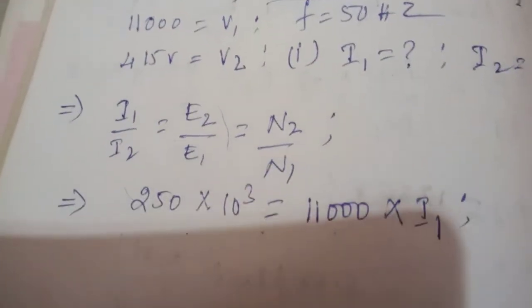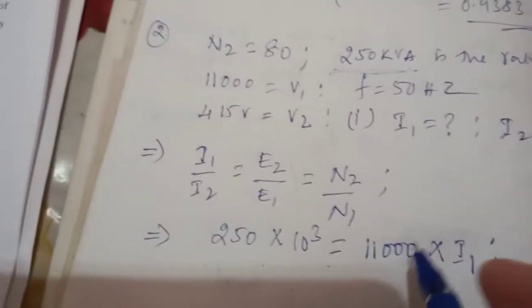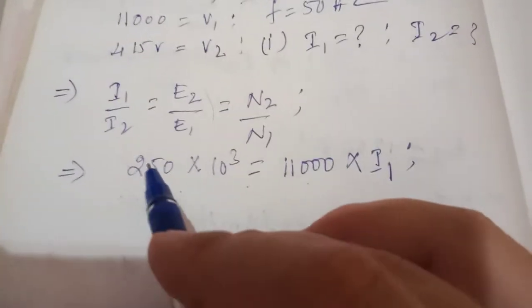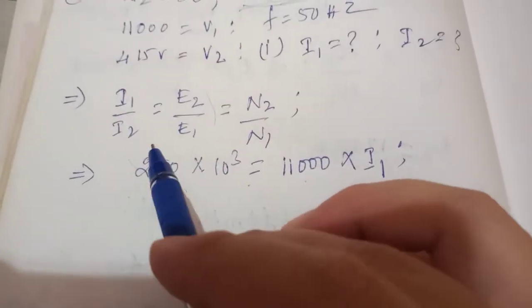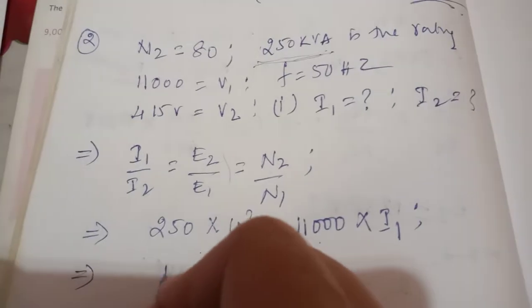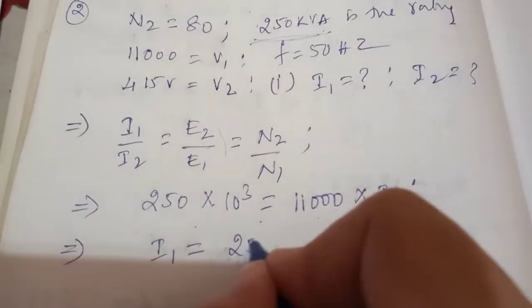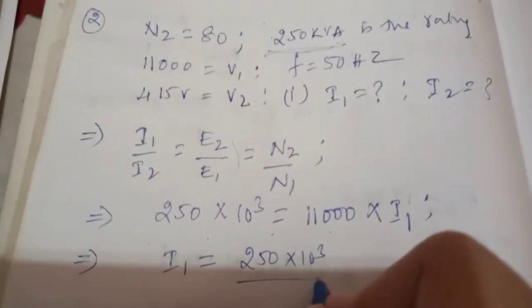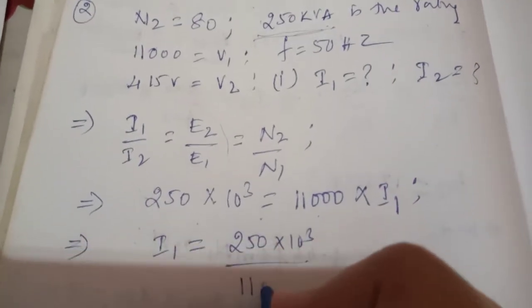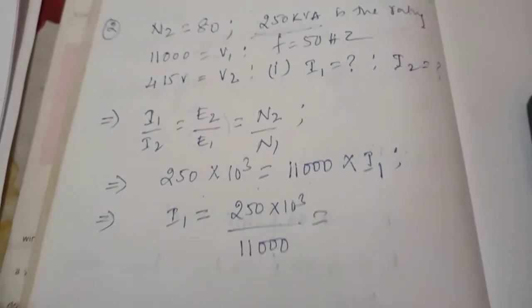You can take 250 into 10 to the power of 3 equal to 415 into I2 also; whichever is convenient. But as from the definition of the transformer, power in the primary and the secondary remains the same. So I1 is equal to 250 into 10 to the power of 3 divided by 11,000.